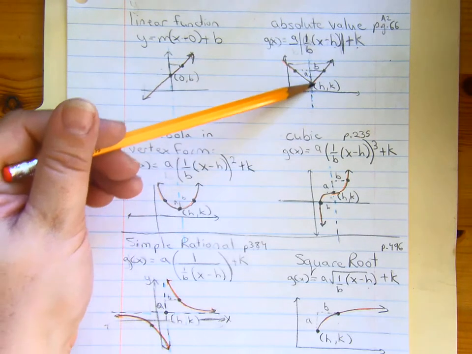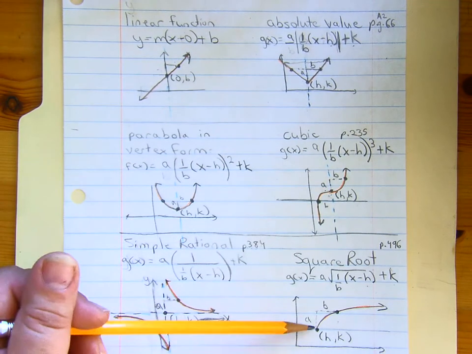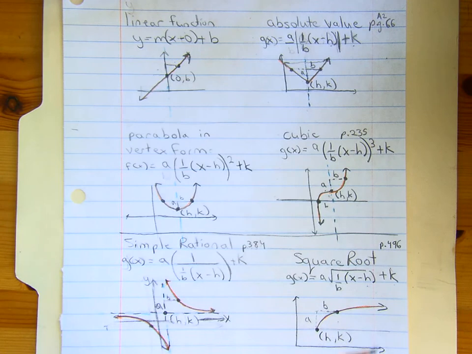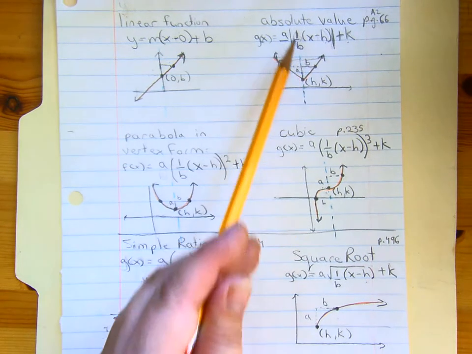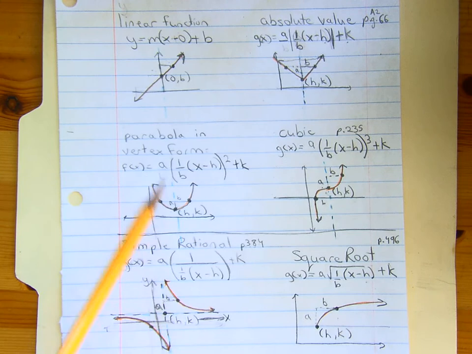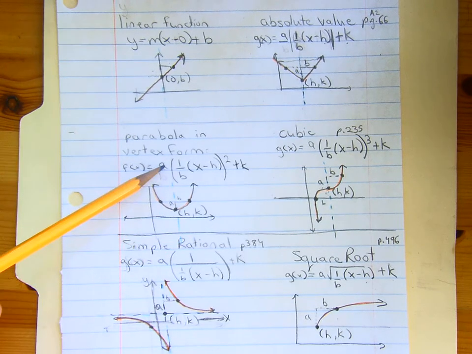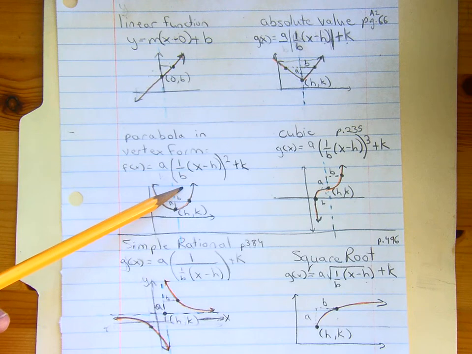If it's positive, my vertex goes up. If it's negative, it would go down. And A and B help me find my first point to build the rest of my graph off of by being my rise and my run.